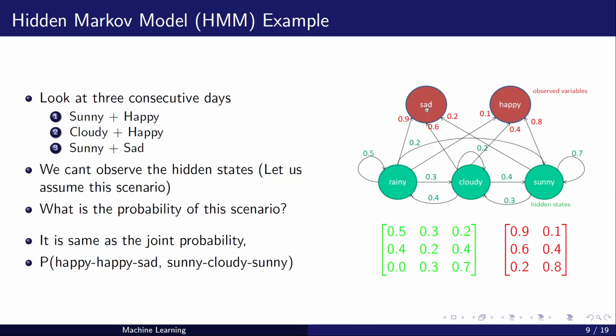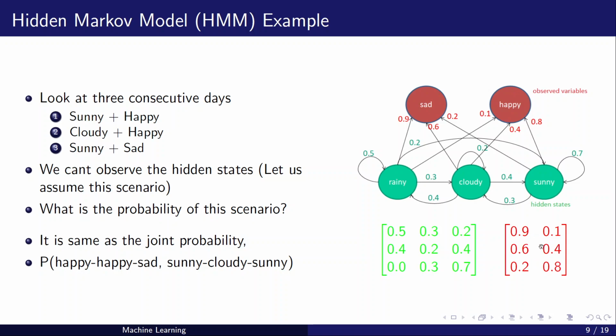That is, probability of sad given rainy is 0.9, probability of sad given cloudy is 0.6, probability of sad on a sunny day is 0.2, probability of happy on a rainy day is 0.1, probability of happy on a cloudy day is 0.4, probability of happy on a sunny day is 0.8.